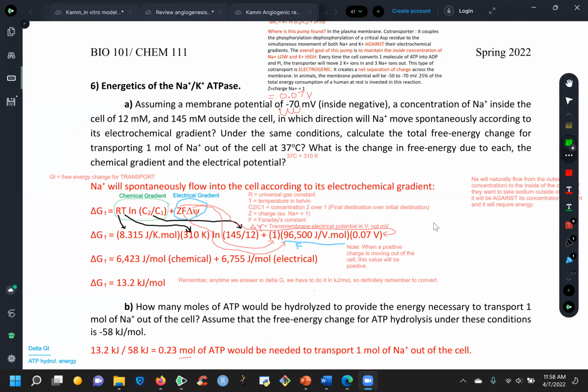Rule. So when a positive charge moves out of the cell, the transmembrane electrical potential is equal to positive in the formula.